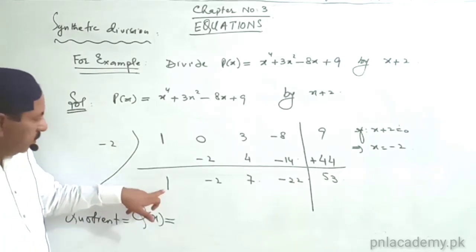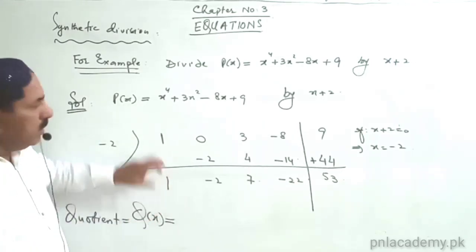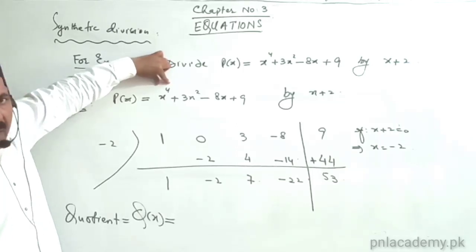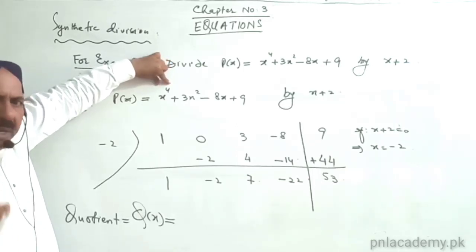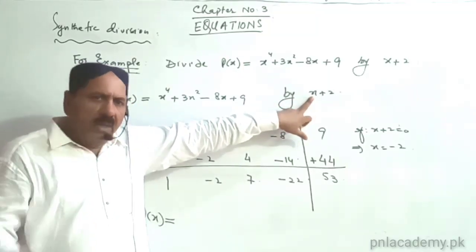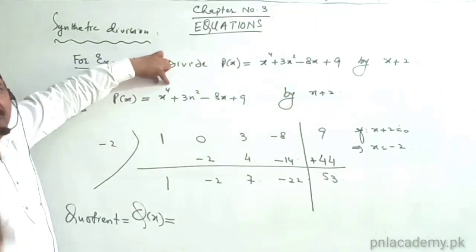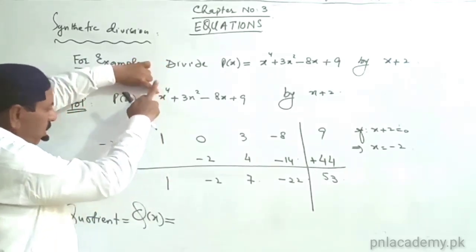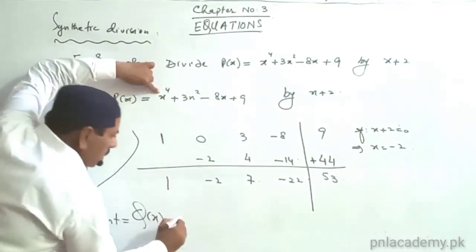Now here there is a coefficient 1, here is the first degree 4. If x power 4 degree gets divided by x power 1, then 1 degree will be reduced. X power 4 divided by x, it will be x cube. So x cube into 1 means 1x cube.